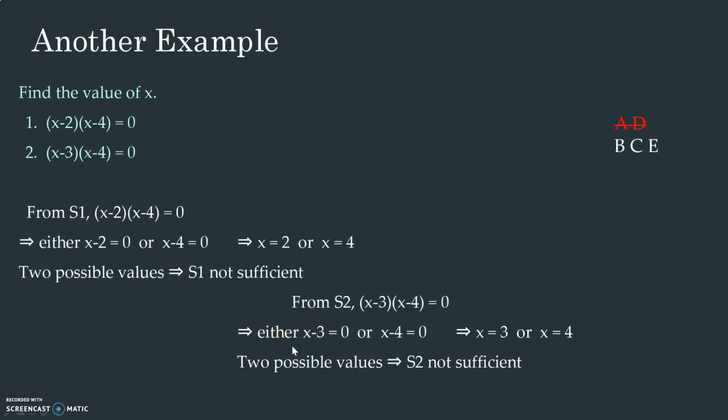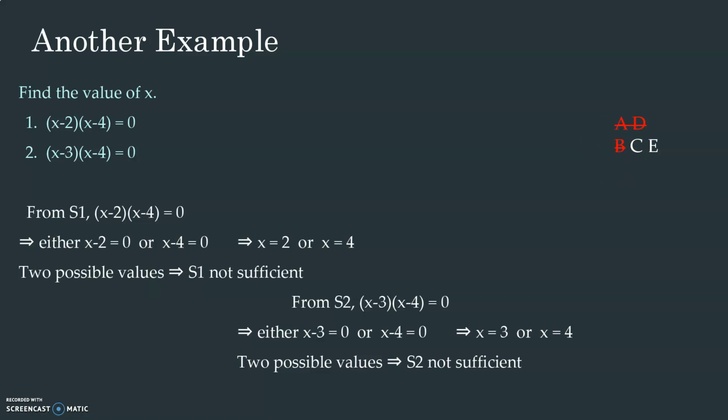Either x - 3 equals 0 or x - 4 equals 0, which gives you x equals 3 or x equals 4. Once again, two possible values, not a unique specific answer. Statement 2 is also insufficient to answer the question, which means B also is ruled out. Option B cannot be your answer.